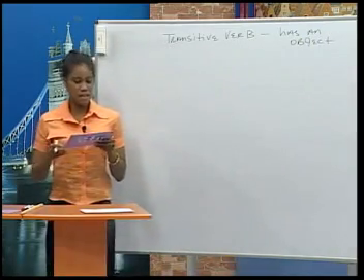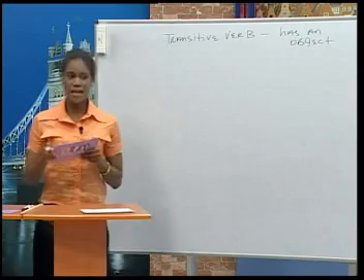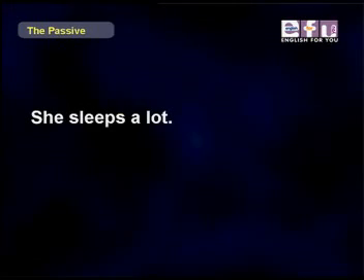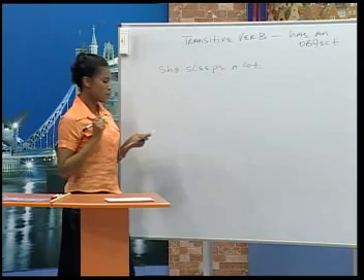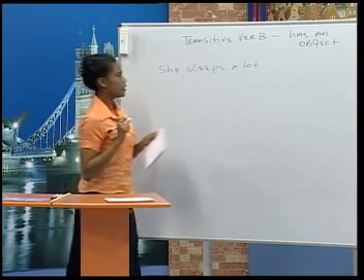Okay, Sylvia, can you give me a verb that never has an object? To sleep, she sleeps a lot. She sleeps a lot. Isn't a lot the object? No, we don't ask what does she sleep. It doesn't make sense. But we ask how much does she sleep. Exactly. So, no object. Alberto? To rain, it's raining.